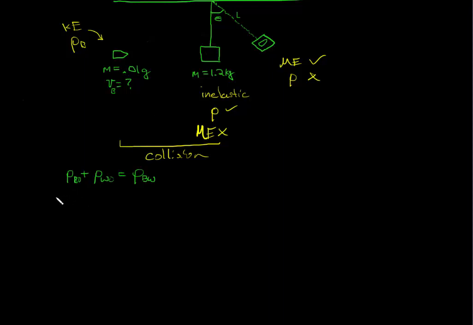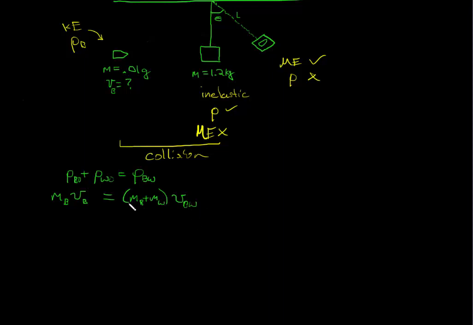Okay, so we have the mass of the bullet times its velocity. And I don't have to add on the block, it's sitting still, so there's no momentum. And then after they get embedded, we have the mass of the bullet plus the mass of the wood times the velocity of the bullet wood.